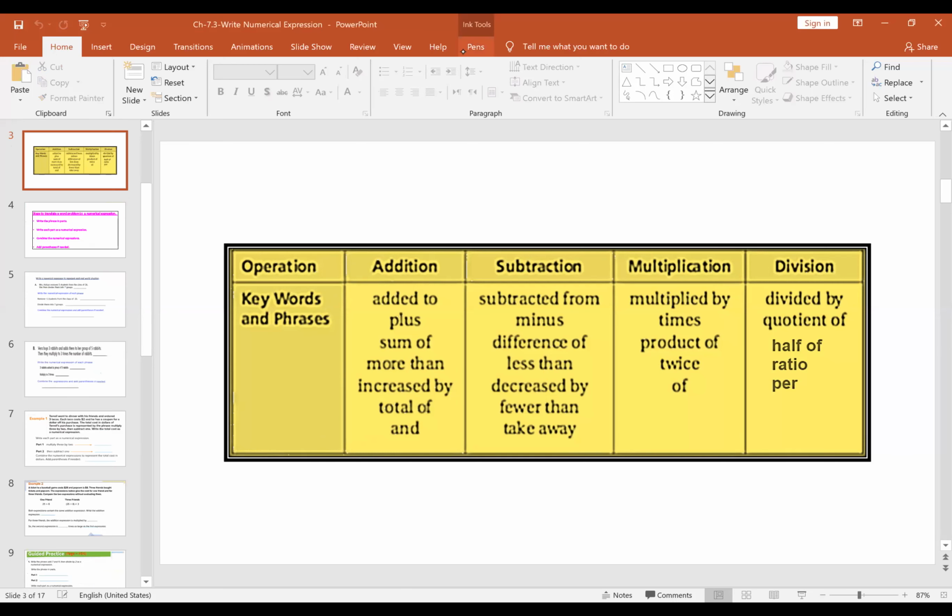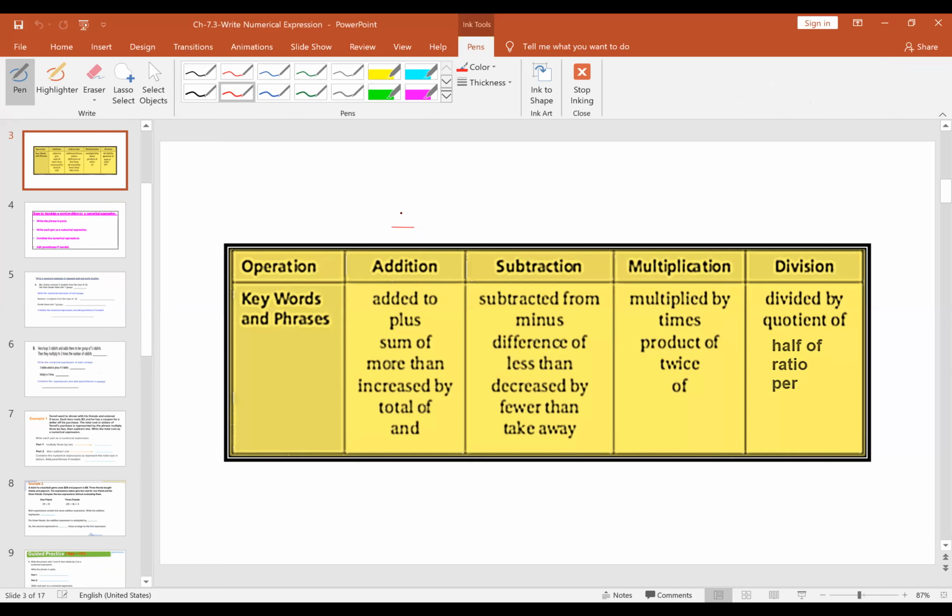Okay, so first we have addition, subtraction, multiplication, and division. In addition, we have added to, plus, sum of, more than, increased by, total of, and. Subtraction, multiplication, and division, all of them have certain keywords that help me to understand how to translate the word into an operation.